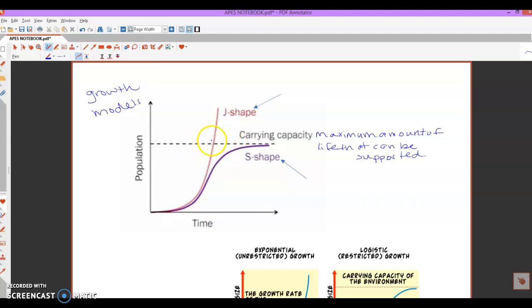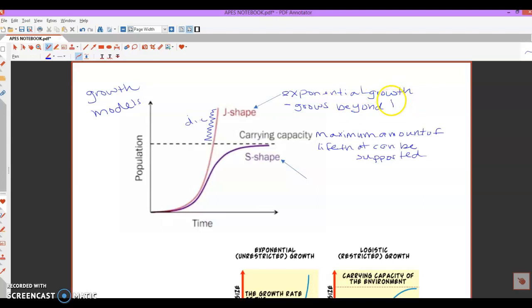So all of these individuals right here are probably going to die because there's not enough resources above this carrying capacity to support this population. This is what we call exponential growth. And we say that it grows beyond the carrying capacity, which is not a good thing.